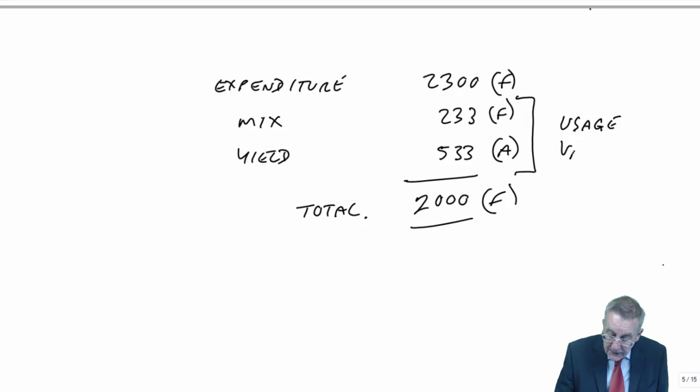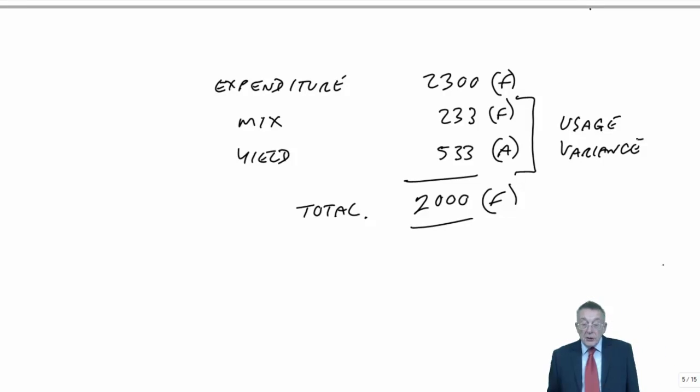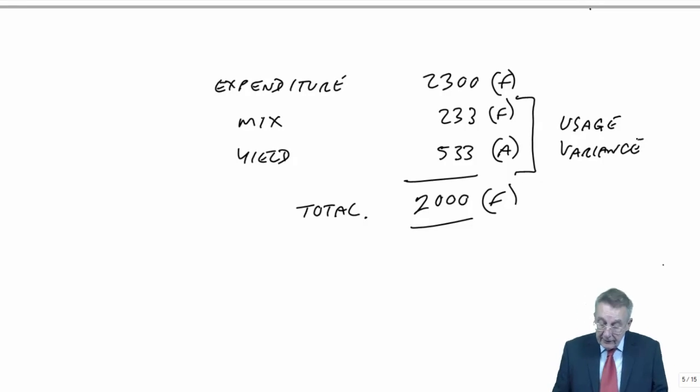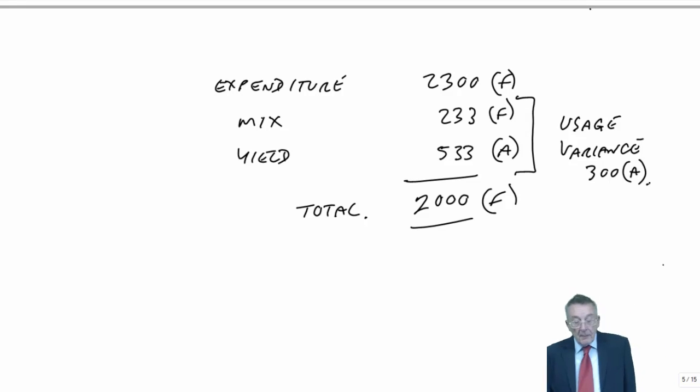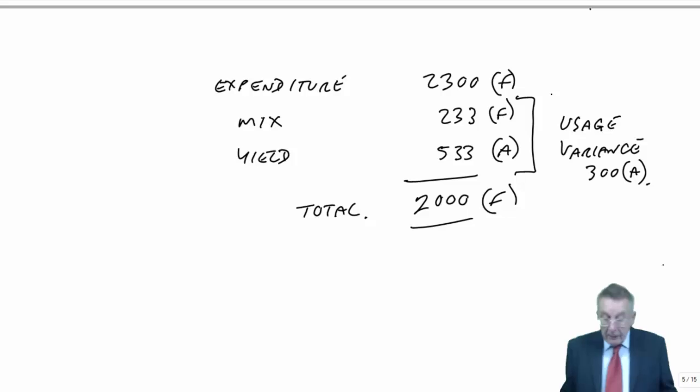The usage variance. And so here the two together is what? 233, 533. It's 300 adverse is usage. So expenditure 2,300 favourable, usage 300 adverse, but there's the full analysis. Okay, let's leave that one there.